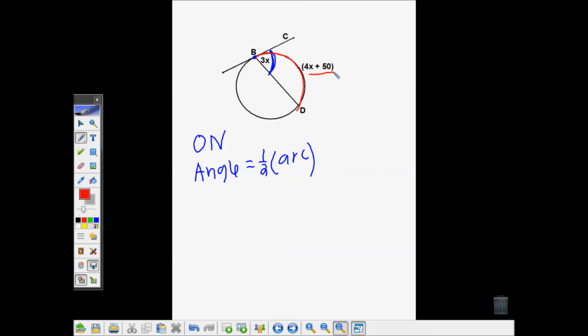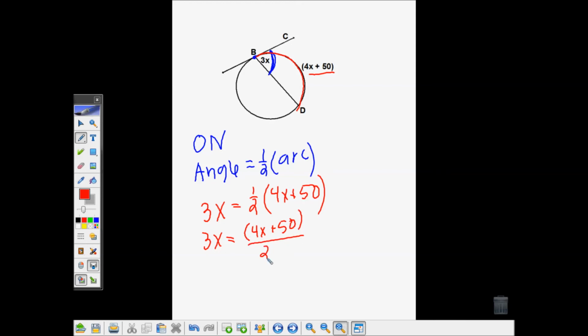So, to solve for x, I'm going to plug those two things in. So for my angle, I'm going to put in 3x equals 1/2 times my arc, which is 4x plus 50. I'm going to write this as 3x equals 4x plus 50, divided by 2.